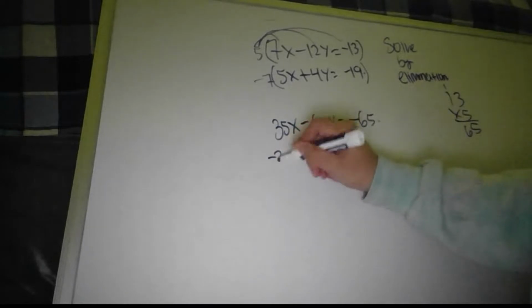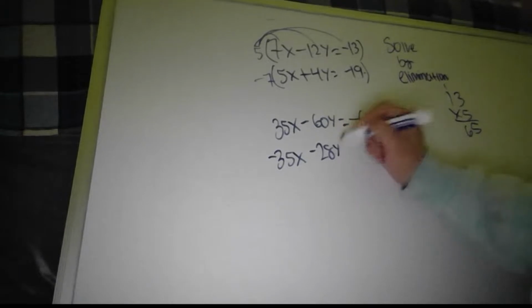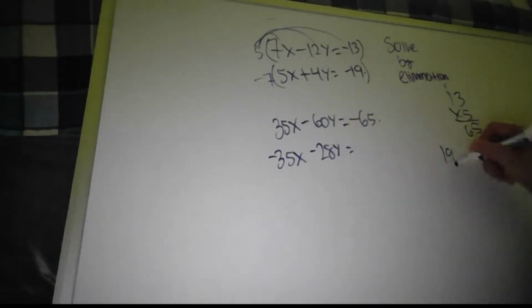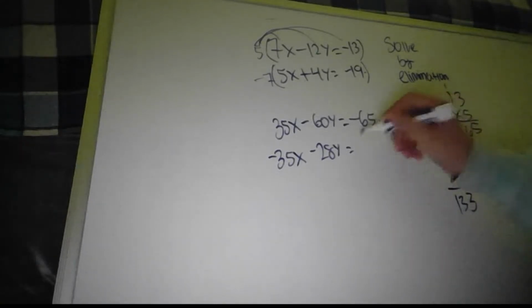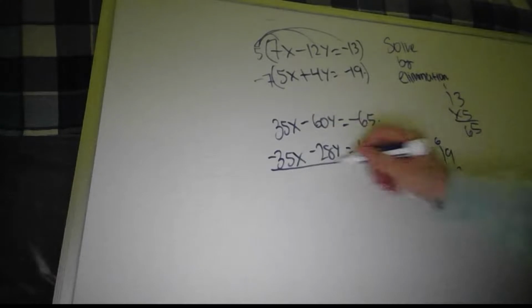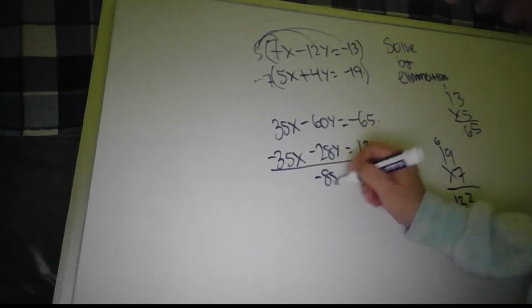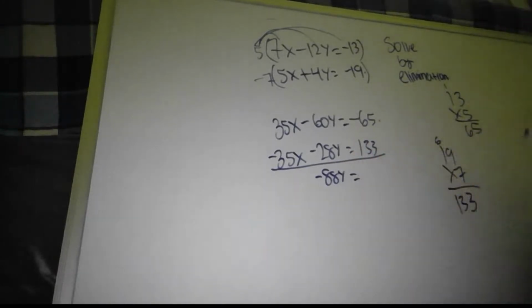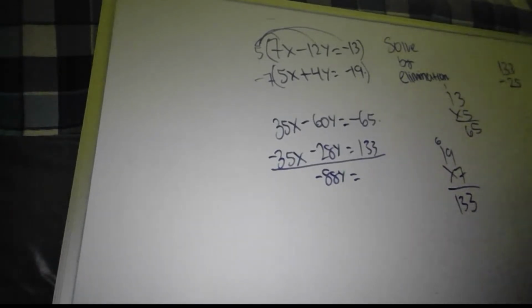Then we have negative 35x minus 28y equals, and then negative 19 times negative 7, that's 133, right? So then we do negative 60 minus 28, that's negative 88y is equal to, and then we do 133 minus 25, or 65, excuse me.